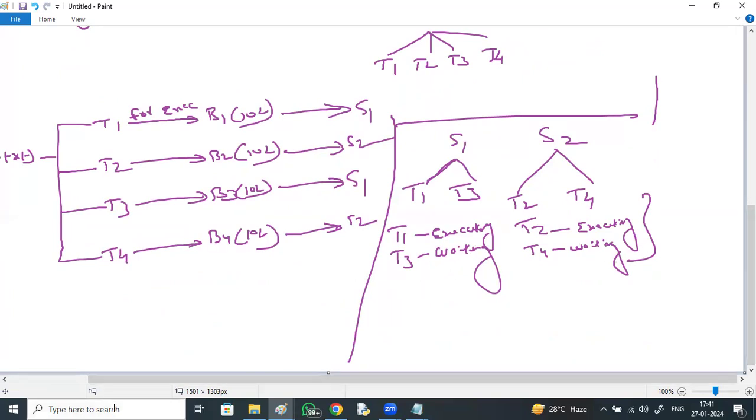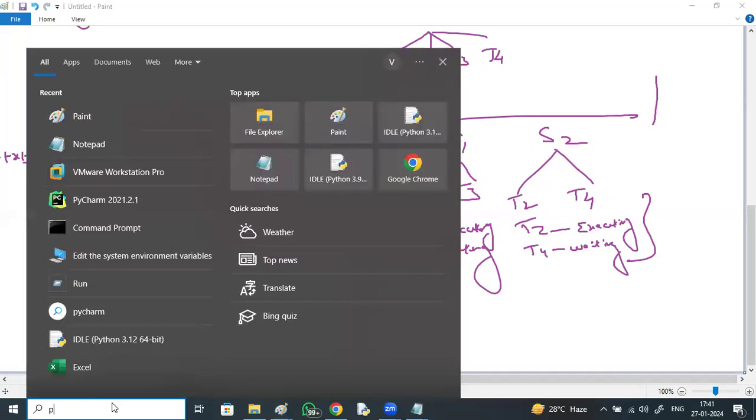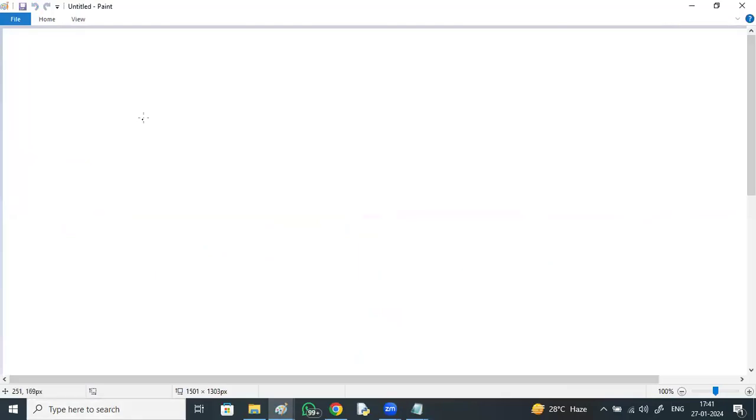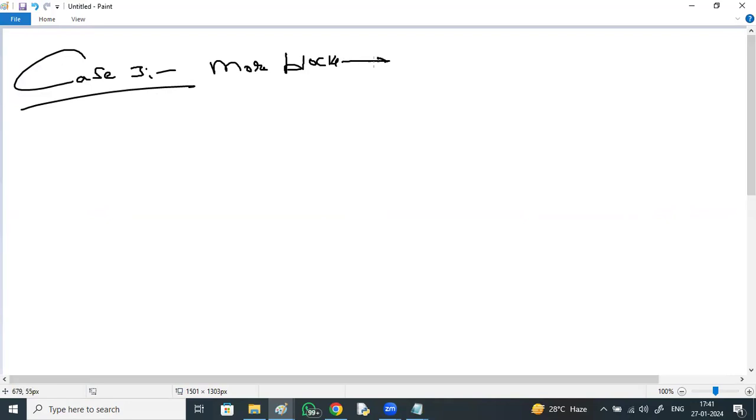Now observe case 3: more blocks, single slave. 3 blocks, 1 slave.